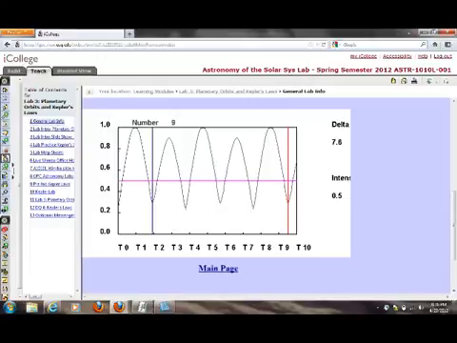And then I go to the alternate minimum after that, and the alternate minimum after that. So that means I have a total of 2 full rotation periods in here. If I read the time now, the delta, I'm reading 7.6 days. From looking at my graph, that is the time for 2 full rotations.